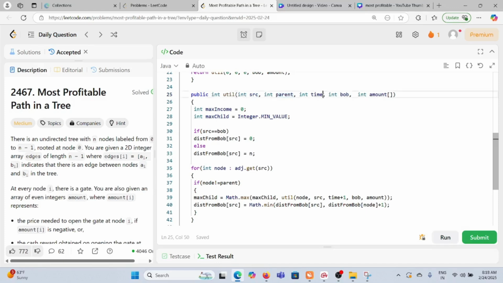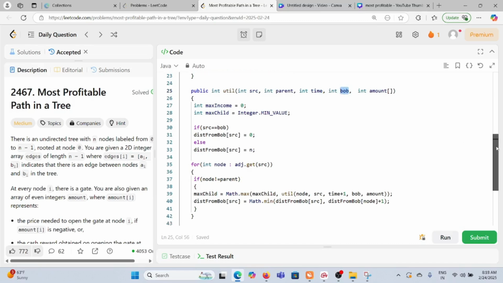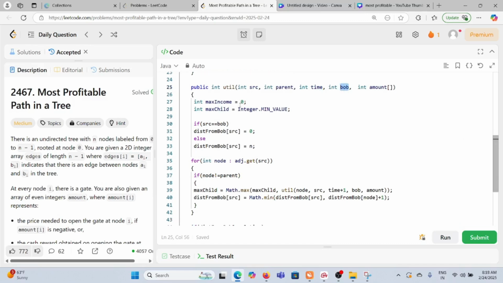Time is the unit when Alice started, Bob is the point where Bob has been assigned, and amount is the given array. First of all, we have created two variables, max income and max child. Why max child? Because it is to check whether it is a leaf node or not.